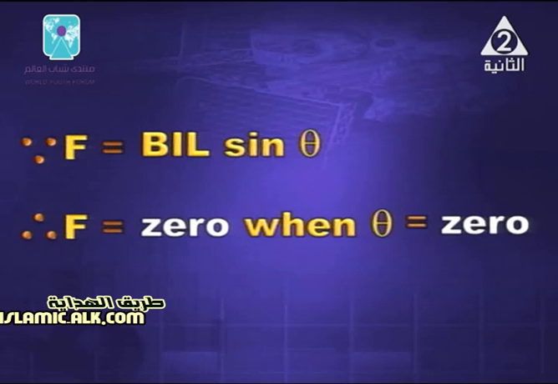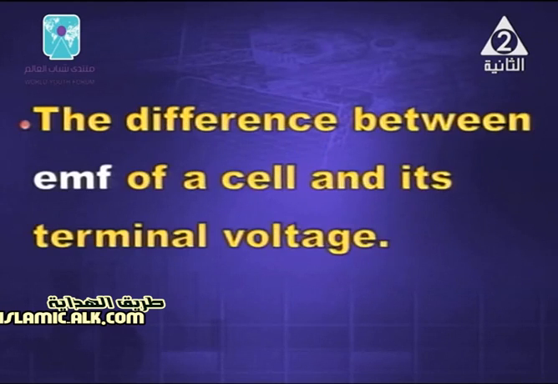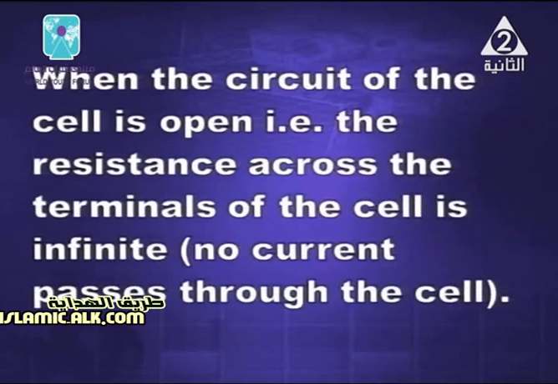Another item: when does the difference between the EMF of a cell and its terminal voltage equal 0? Actually, it asks you about the condition when the EMF of a cell is equal to its terminal voltage. Yes, it happens when the circuit of the cell is open.